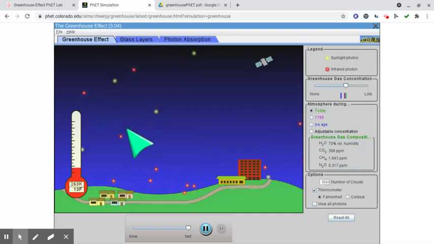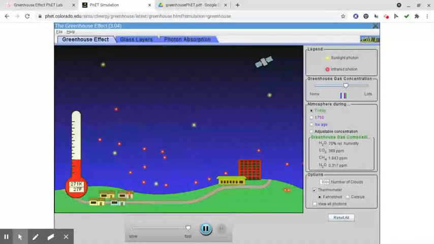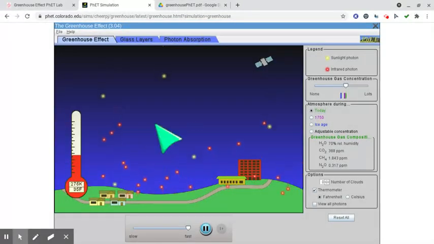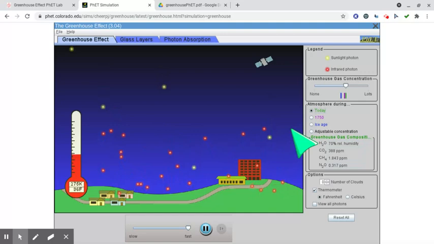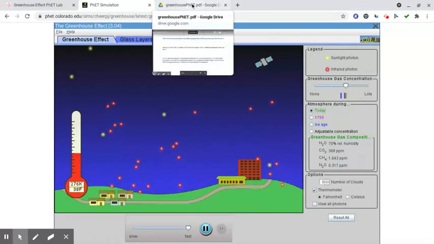That's true, we lose some heat, but you notice right here, we're keeping them. We're keeping the heat at a much higher concentration than what was leaving without the greenhouse gases. So we need that atmosphere. We need greenhouse gases, but we need to consider those as we move forward in our own thinking.